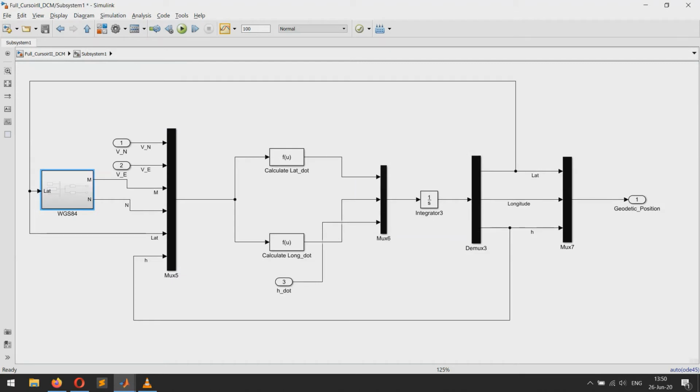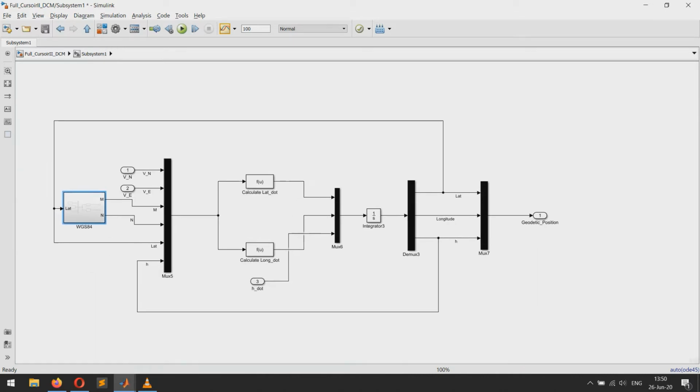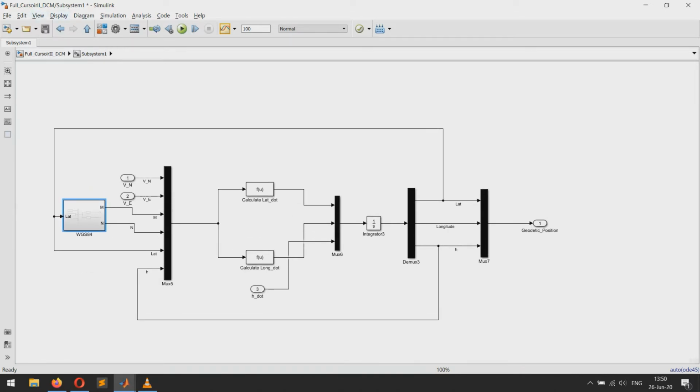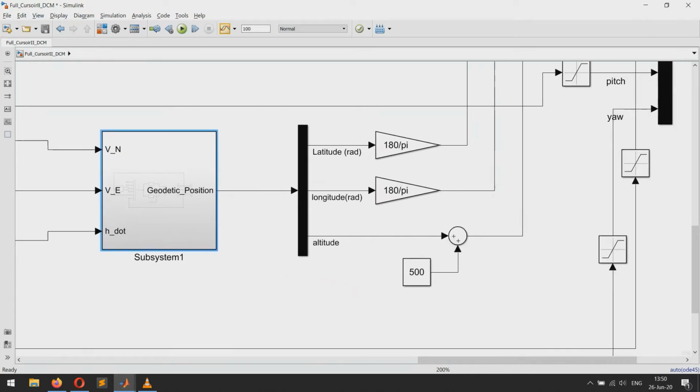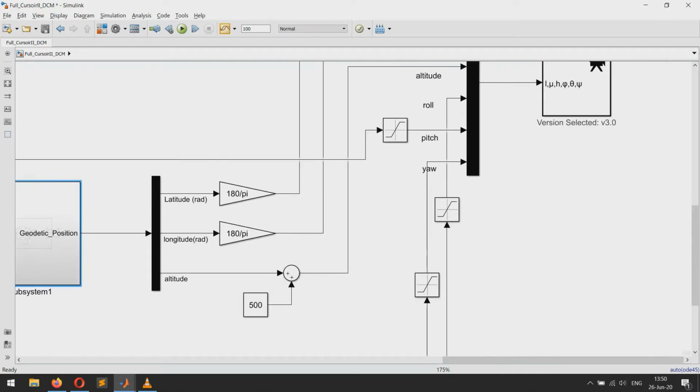We integrate all of this to obtain latitude, longitude, and altitude, and the output of this subsystem gives us the geodetic position. We convert from radians to degrees, and we add our initial altitude of 500 meters.